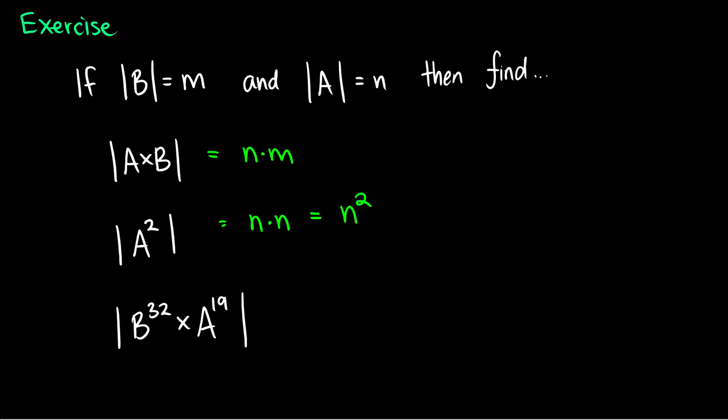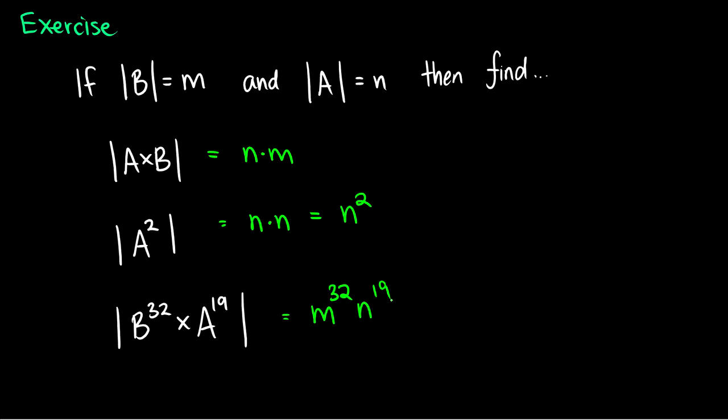So now we can do something really ridiculous, which is what some discrete math professors love to do, and I don't know why, but I guess it's kind of exciting. They can say, well, what is B^32 cross A^19? Well, okay, so if we look at A squared is just n squared, then B to the 32 is going to be m to the 32, and A to the 19 is going to be n to the 19.